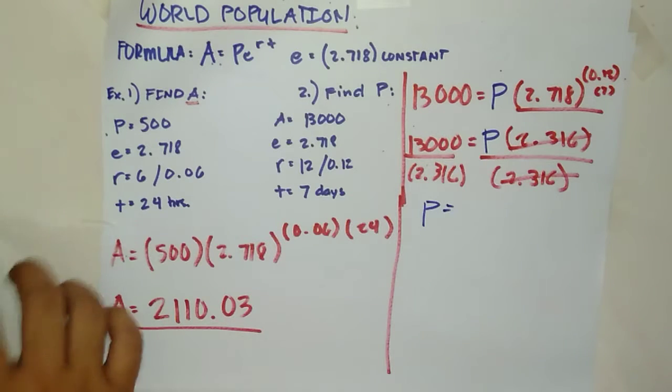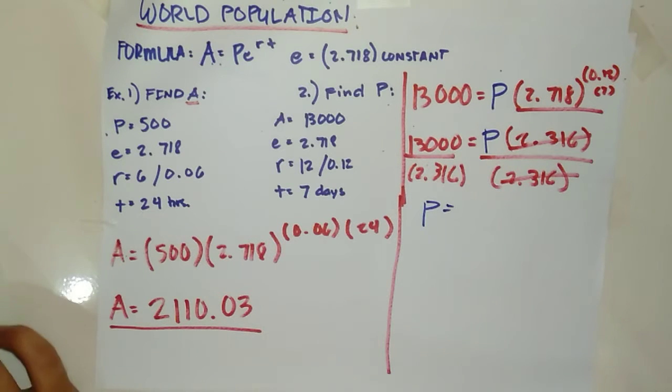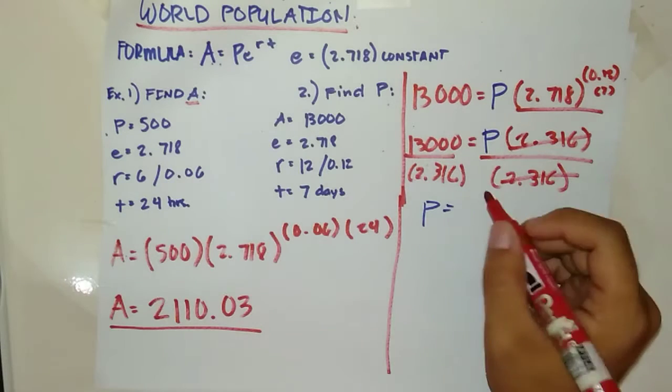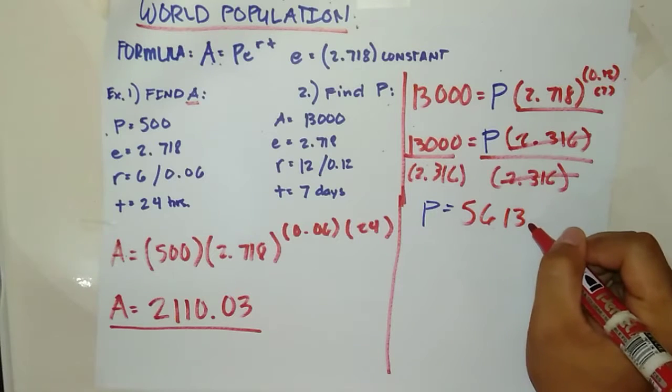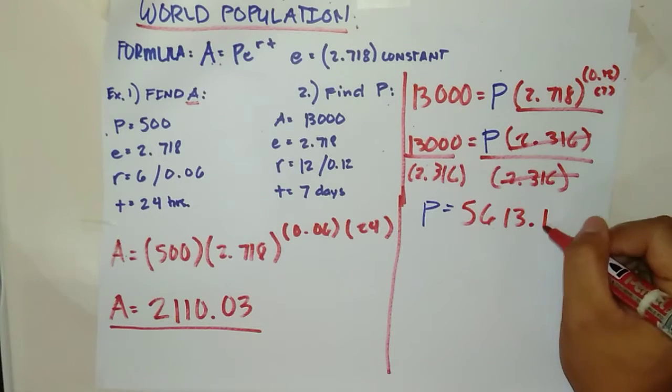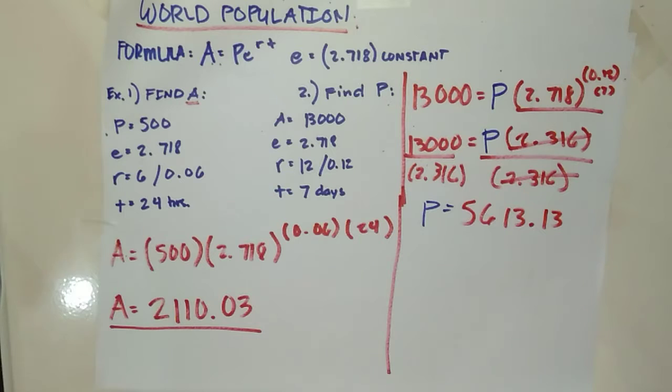So we just need to divide 13,000 by 2.316. So P is equal to 5,613.13. So that's how to get the population.